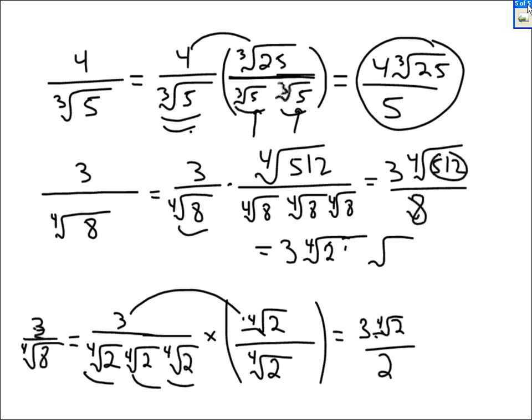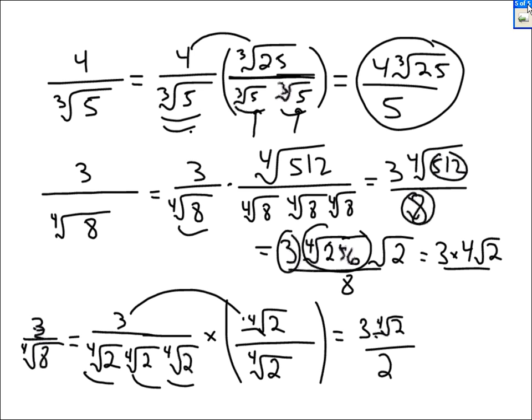It's 256 times 2. 3 times the 4th root over 8, just like it always was. The 4th root of 256 is 4. 4 times 4 times 4 times 4 is 256. Times the 4th root of 2 over 8.